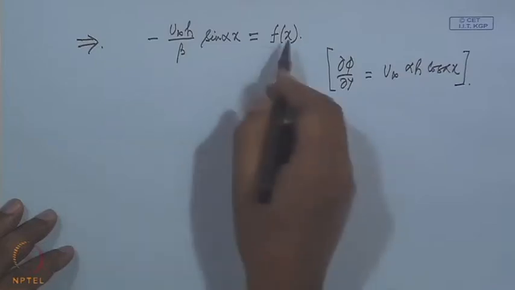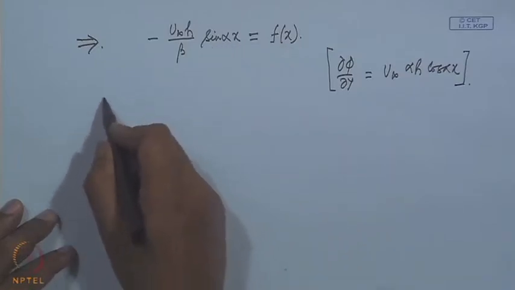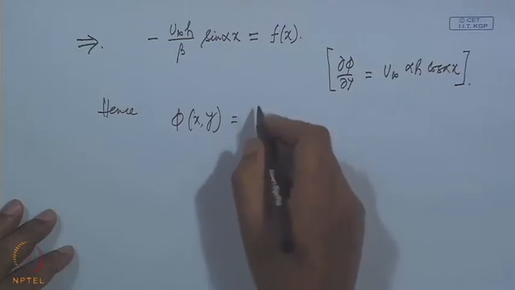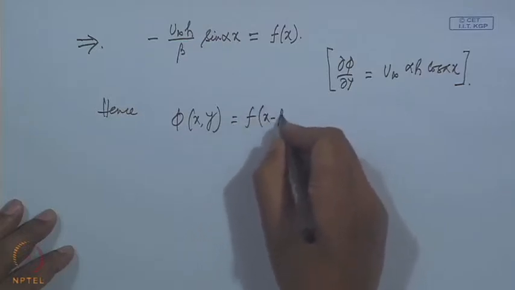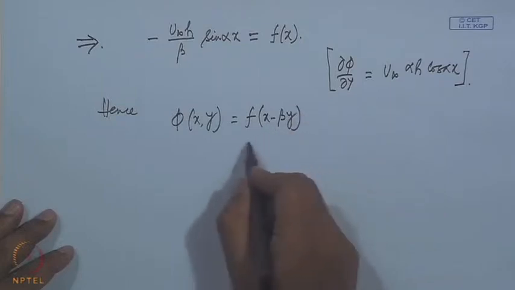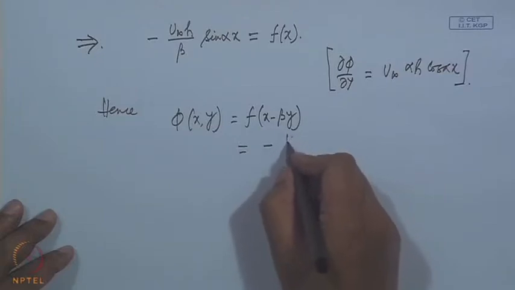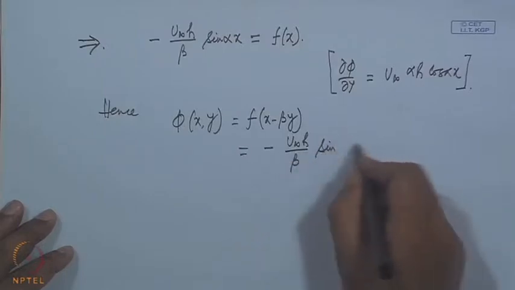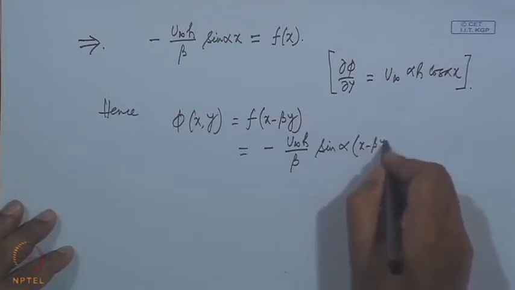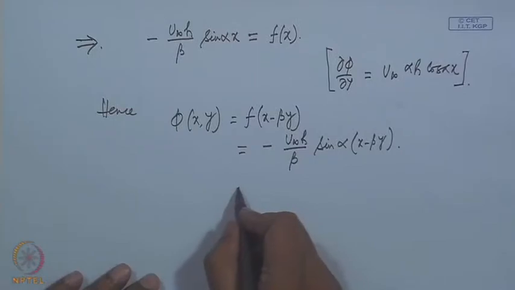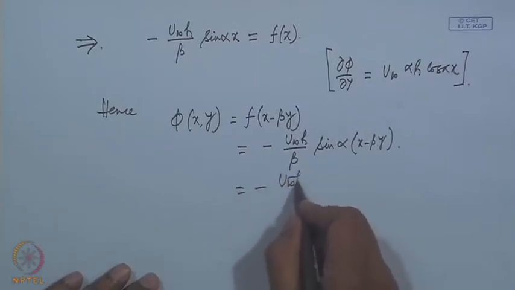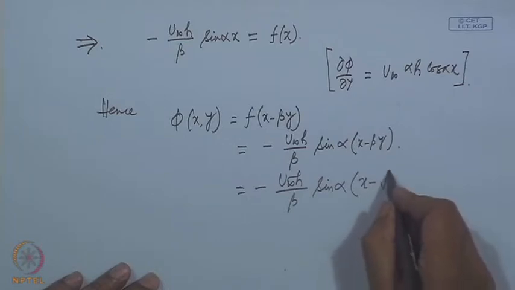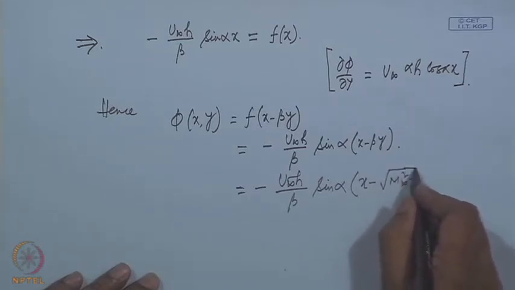So, this is the explicit form of the function f, and hence the perturbation potential is phi x y equal to a function of x minus beta y, or in terms of Mach number, this can be written as sin alpha x minus root over M infinity square minus 1 into y.